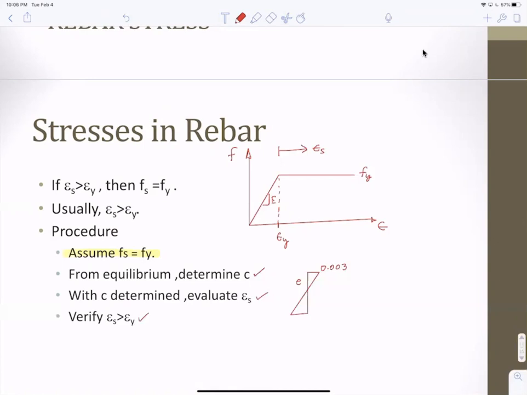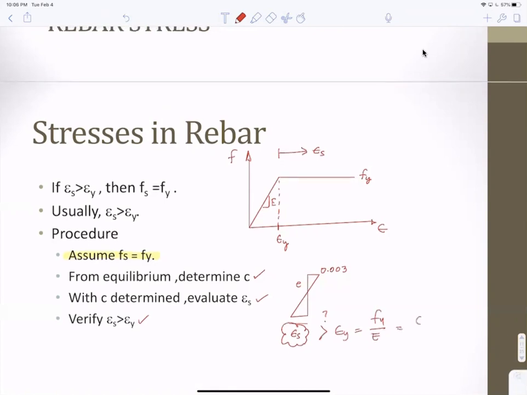And by similar triangles, you could get the strain down here in the steel. Okay, so you get this number and make sure it's greater than epsilon y, which is Fy over E. It's 0.00207. I've done it so many times. If you take 60 ksi divided by 29,000 ksi for E, that comes to 0.00207.